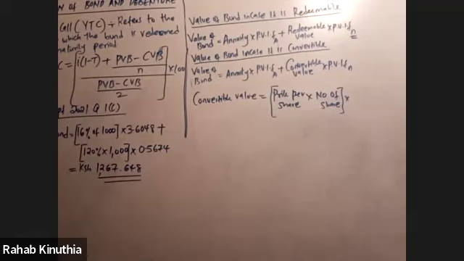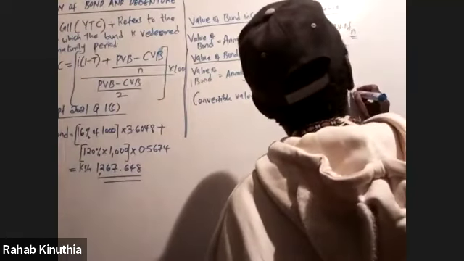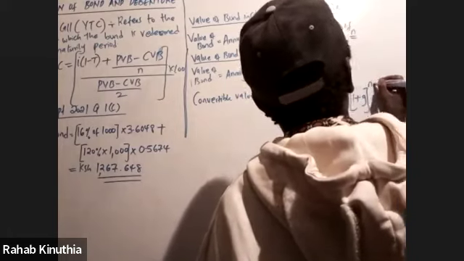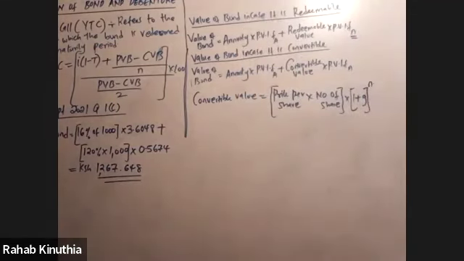Then we multiply again with 1 plus g raised to n. That is our formula to get the convertible value. So should we try?